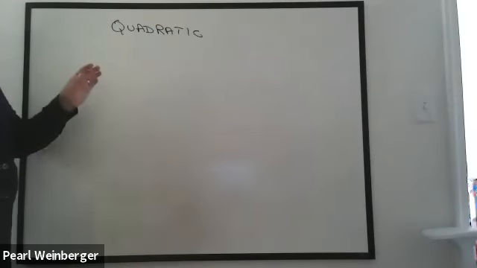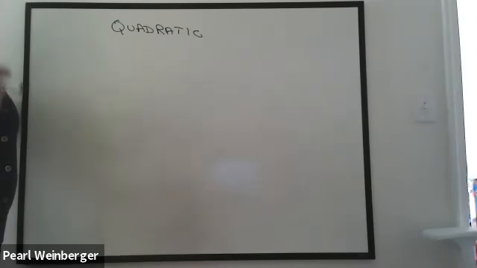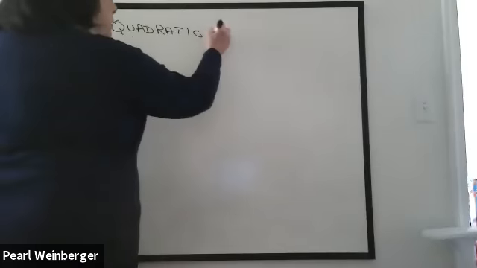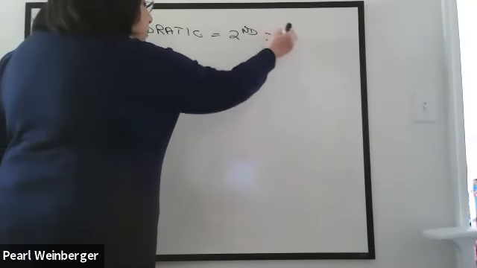And a quadratic equation is some kind of equation where we have an x squared, or if our variable is x, in the equation. In other words, another way of saying a quadratic equation is to say it's a second degree equation.